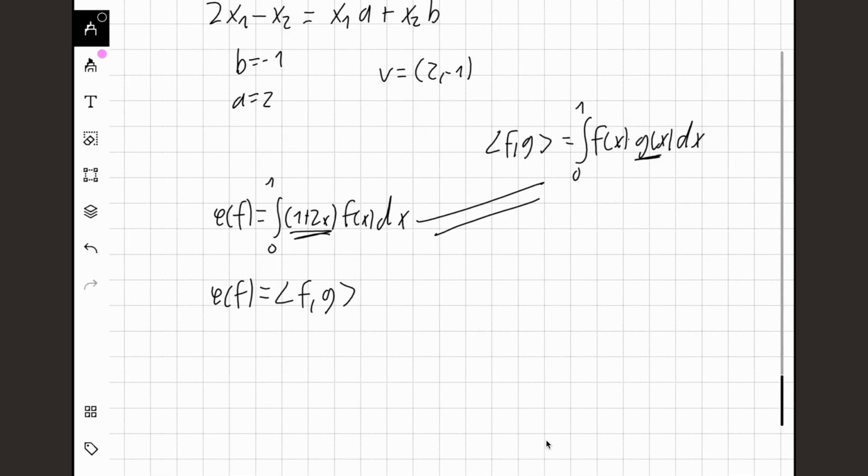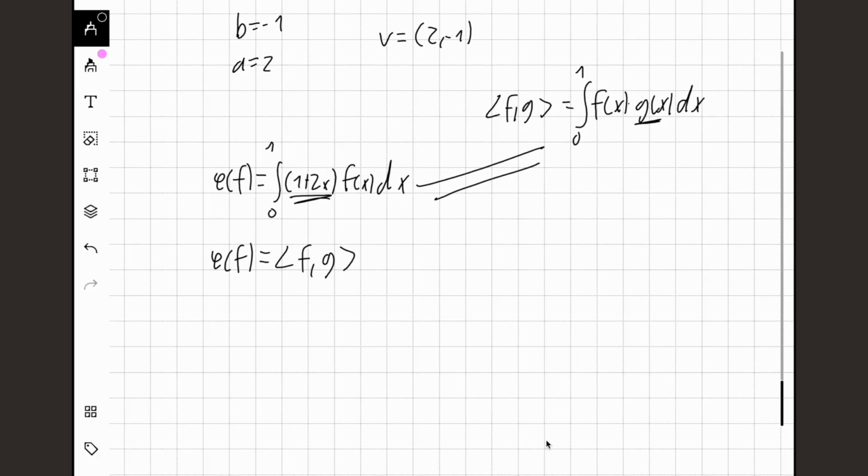And if you don't feel like equating integrals and solving that, if you're too lazy for that, then you can also just use the other method, where you find an orthonormal basis of your vector space. So if you're looking at the polynomial vector space in R3, let's say, your orthonormal basis would be 1, x and x squared.